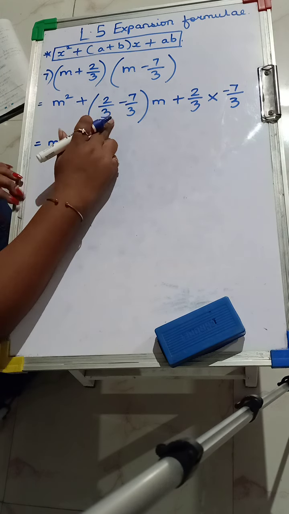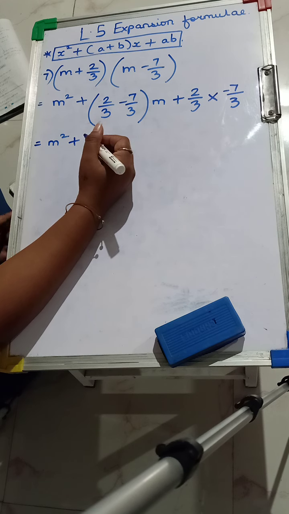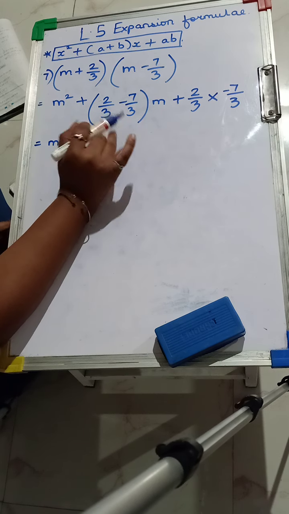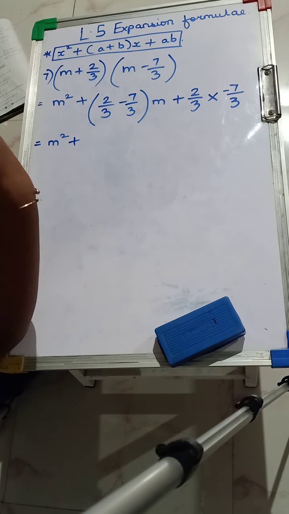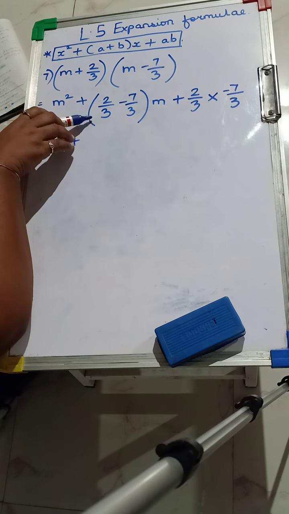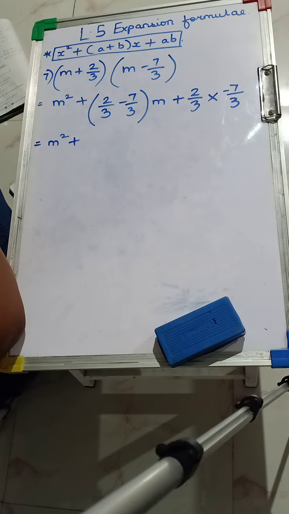In fractions, as you must have learned last year, when the denominator is the same, we directly do the operation. But if the denominator is not the same, we first convert to like fractions and then solve. This is already in like fractions, so we are going to solve it directly. If it were unlike fractions, we would first make them like fractions and then solve.